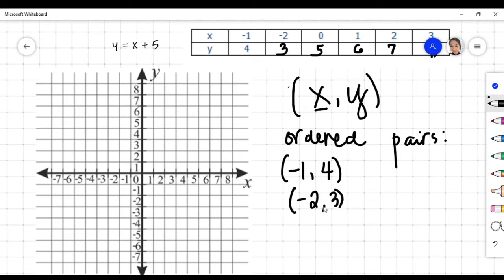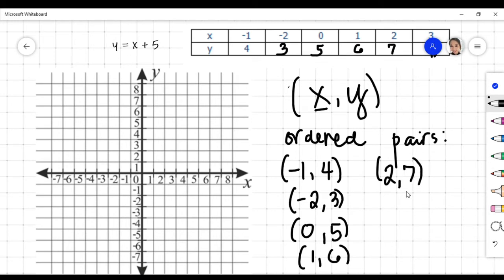Next, we have 0 and 5. Then we have 1 and 6. We also have 2 and 7. And 3 and 8. So we have 1, 2, 3, 4, 5, 6 points na ipaplot sa ating Cartesian plane.